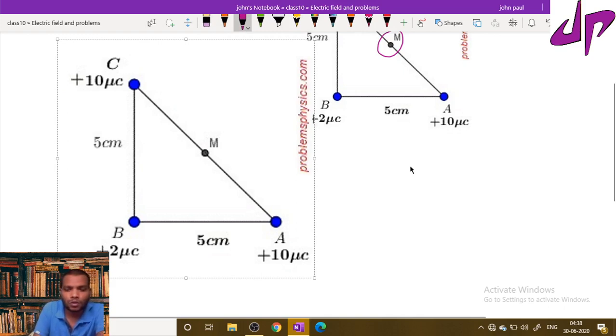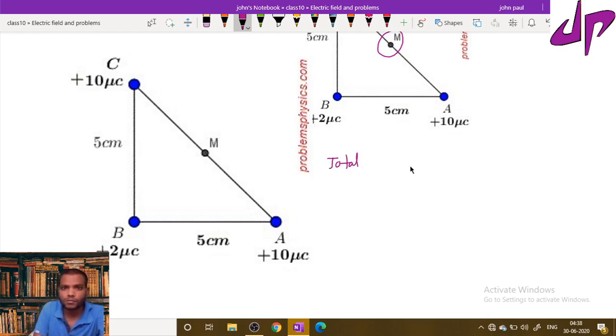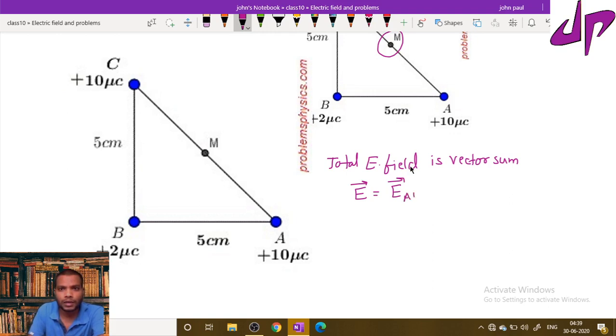So E bar, the total electric field, equals the electric field due to charge A at M plus the electric field due to charge B at M and the electric field due to charge C at M. What is the electric field due to charge A, charge B and charge C?